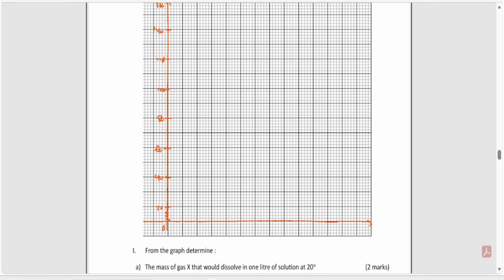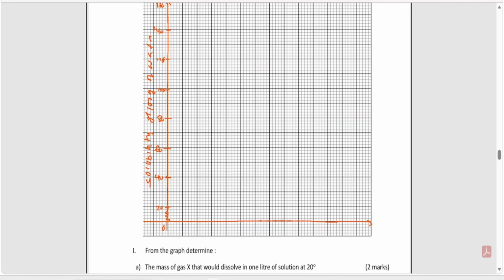Then I label, this is going to be solubility, given per grams per 100 grams of water.